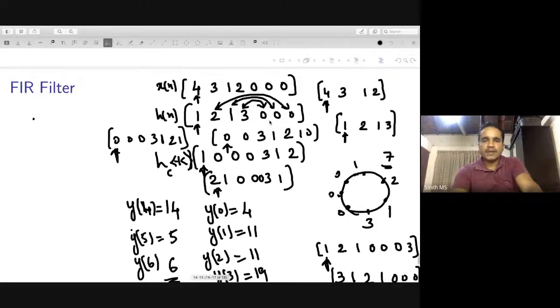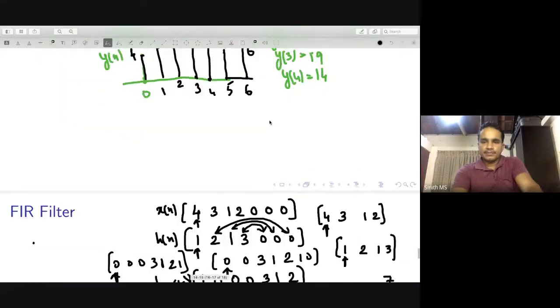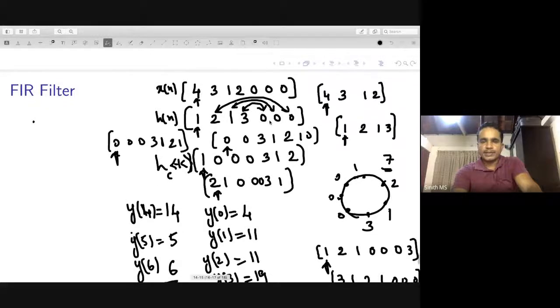So if you analyze what is happening here, your signal was 1, 2, 1, 3, 0, 0, 0. Basically, your signal is 1, 2, 1, 3, and your other signal is 4, 3, 1, 2. If you are doing linear convolution, how will you do it with circular convolution? That is what we are seeing. With 4, 3, 1, 2 and 1, 2, 1, 3 with zeros added, if you do a circular time reversal, basically these 3 zeros come here.